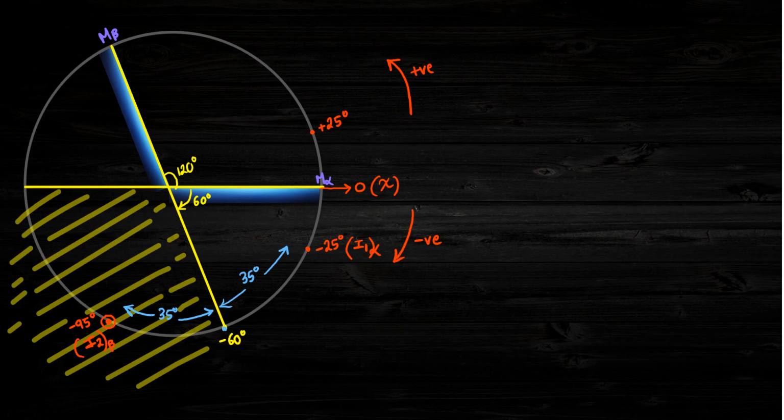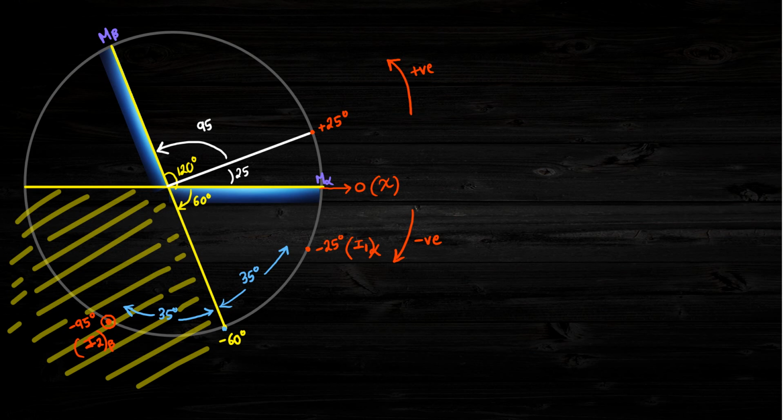For that we'll have to note the angular separation of the object with respect to the mirror M beta. So how much does this angular separation happen to be? It happens to be 95, because 120 minus 25 gives us 95.